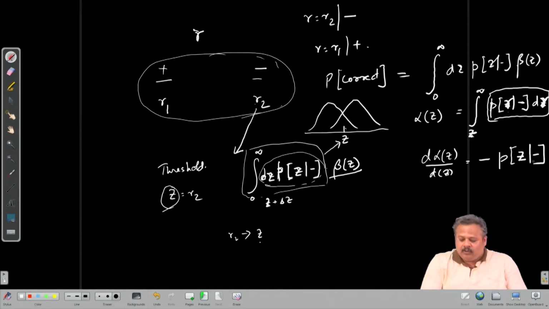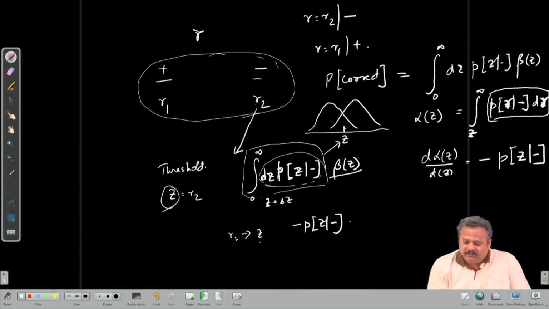So minus p of z given minus times dz is our d alpha from this equation.